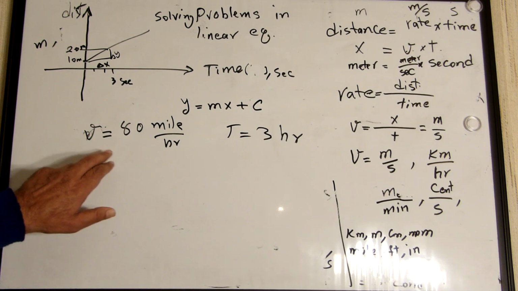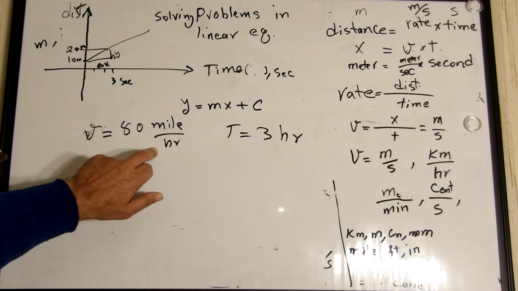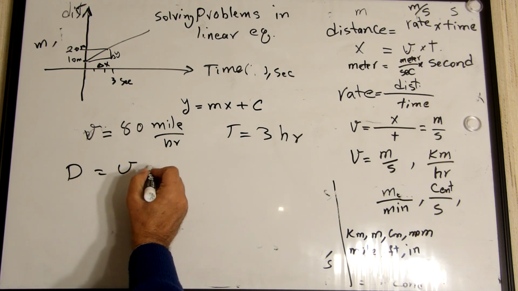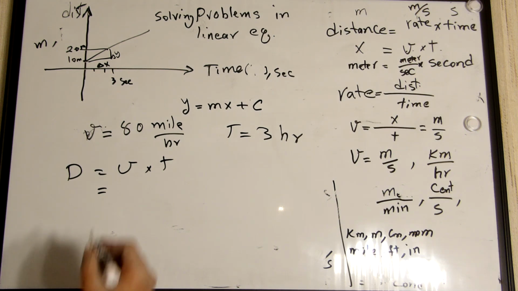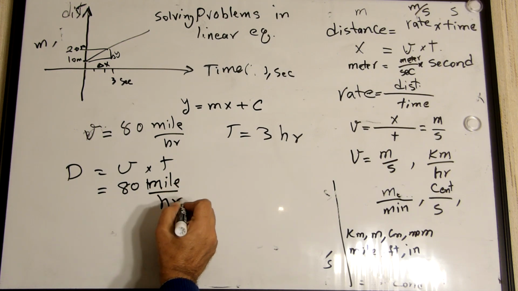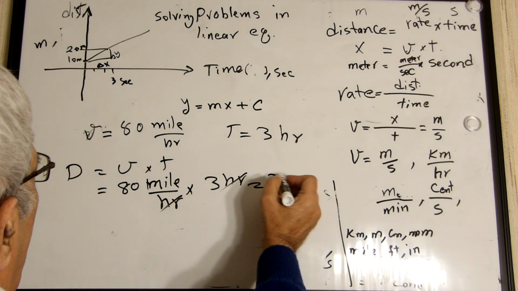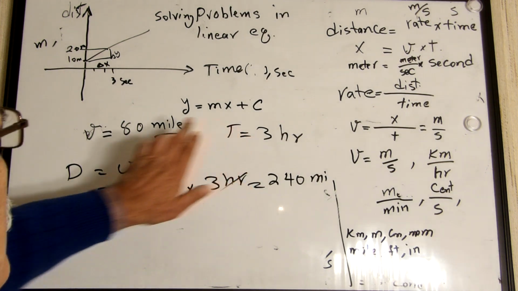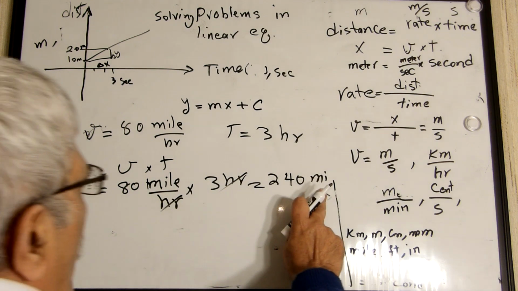A car or a vehicle going 80 miles per hour, in 3 hours, what is the distance going to be? The distance is going to be velocity times t, or the rate r, here is 80 miles per hour times 3 hours. So hours cancel out. It's going to be 240 miles. In 3 hours, it's going to go 240 miles. We show it with mi, mile.